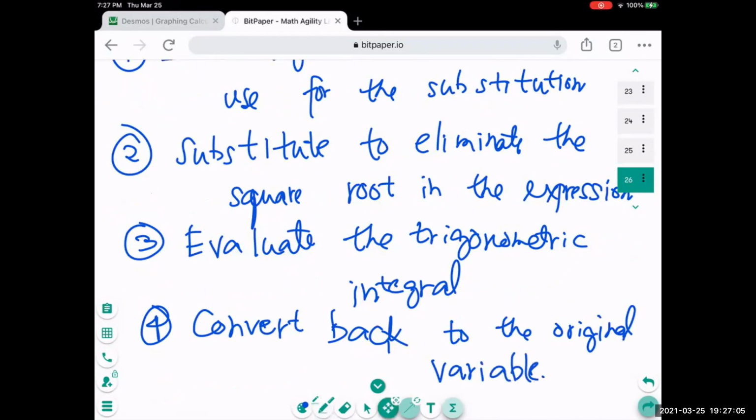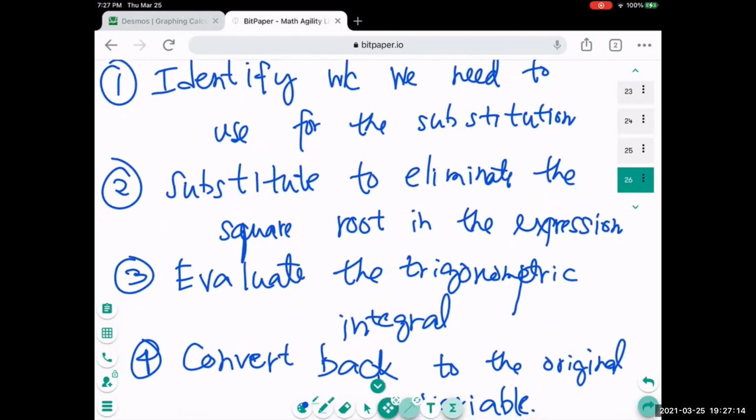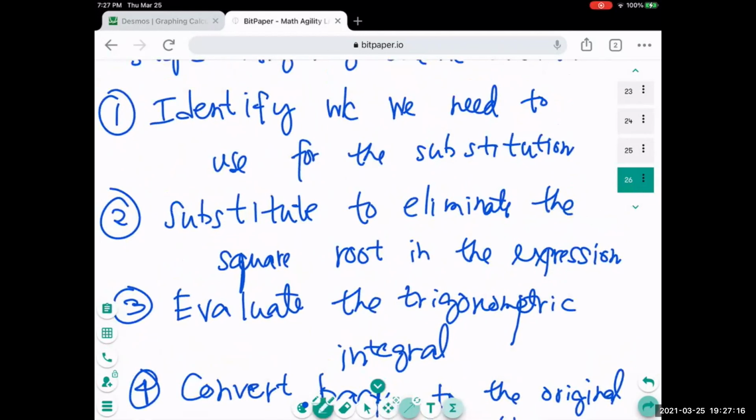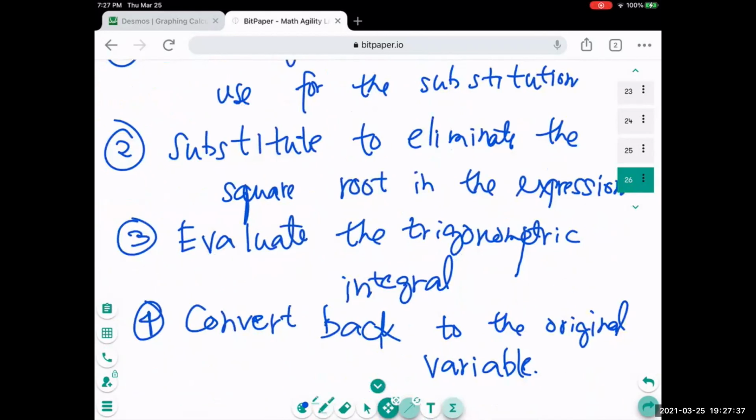So first, let's read what we wrote. So first is we identify which expression we need to use for the substitution. And then 2, we substitute to eliminate the square root in the expression. Number 3, we evaluate the trigonometric integral. And number 4, we convert back to the original variable.